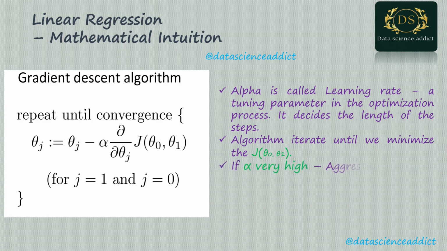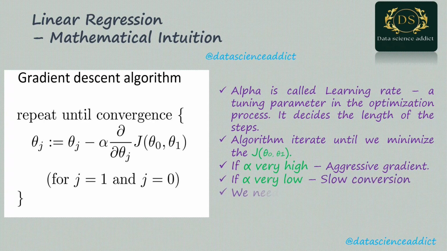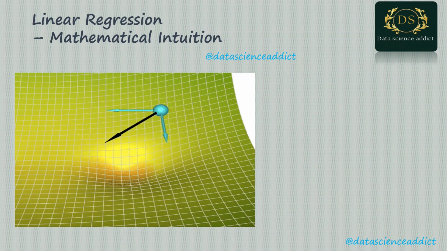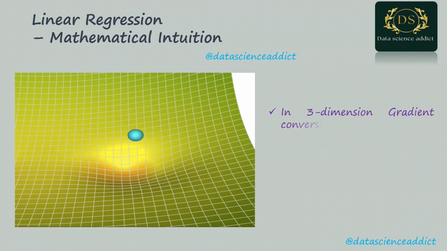If alpha is high, the gradient steps are aggressive. If alpha is very small, that means slow convergence, so we need to set alpha at an optimal value. In 3-dimensional gradient descent, it looks like this. It starts with an initial random point and in each step approaches the global minima.